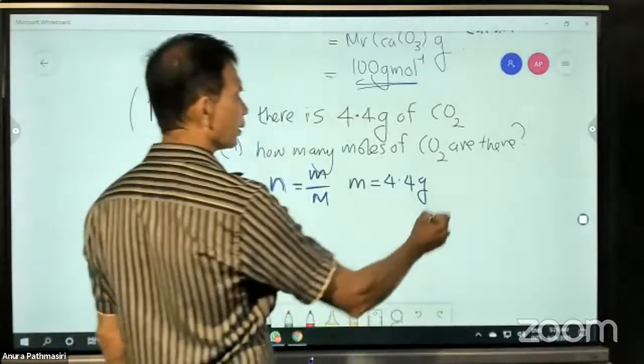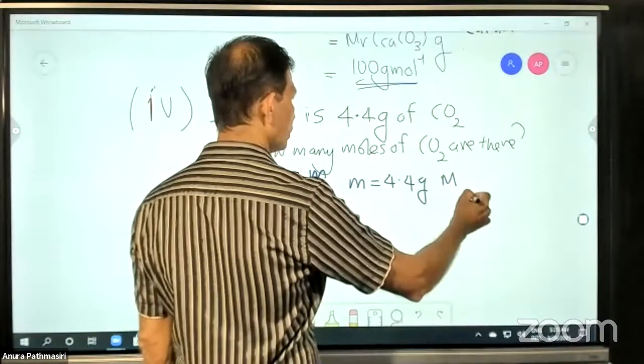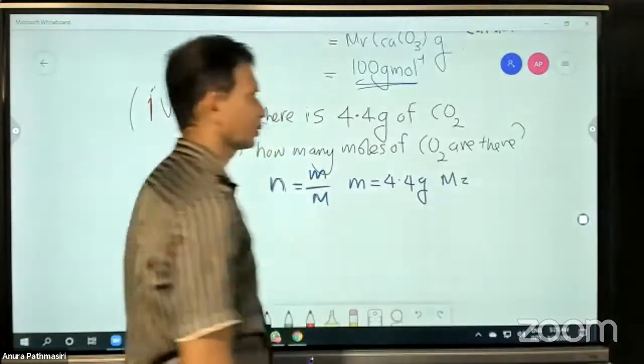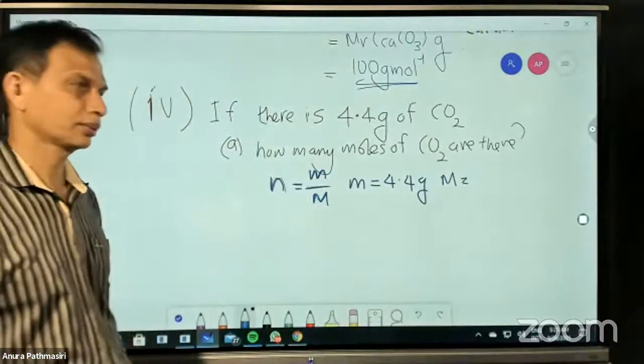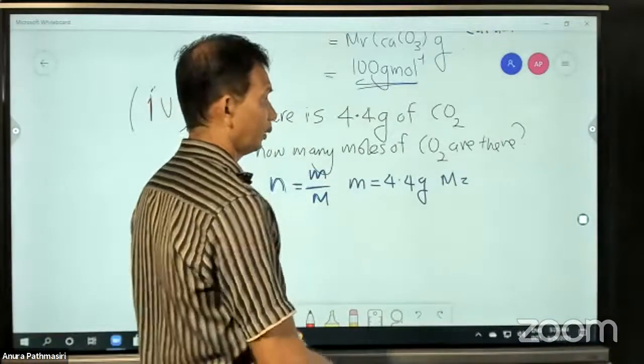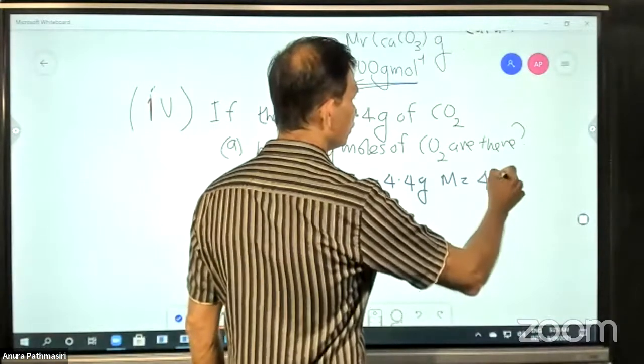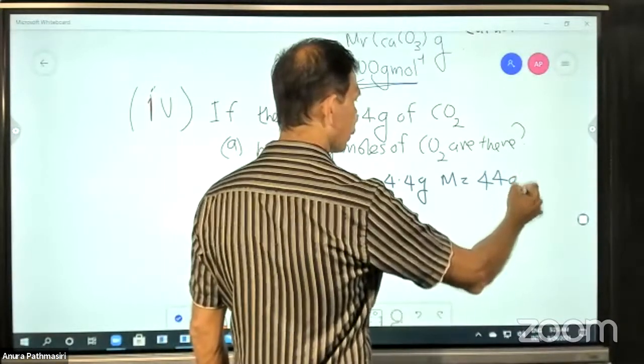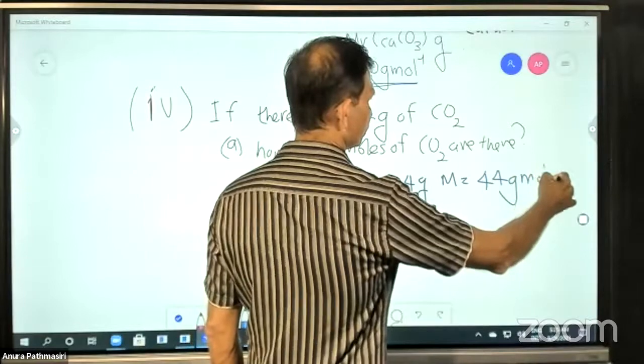Capital M is carbon dioxide's molecular molar mass, 44 gram per mole.